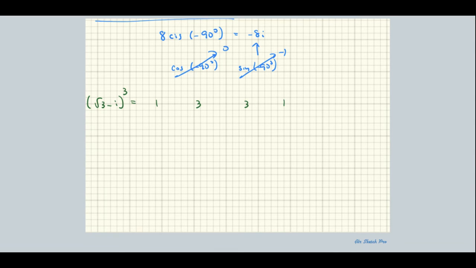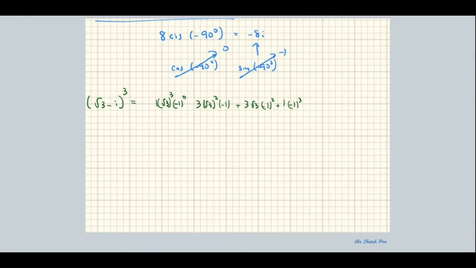And then I'm going to back that up with root 3 cubed, then root 3 squared, and then root 3, and then nothing. And then I'm going to have negative 1 cubed. Nope, negative 1 to the 0, sorry. Got ahead of myself there. Negative 1 to the first, negative 1 squared, and negative 1 cubed. And that's how you do this.